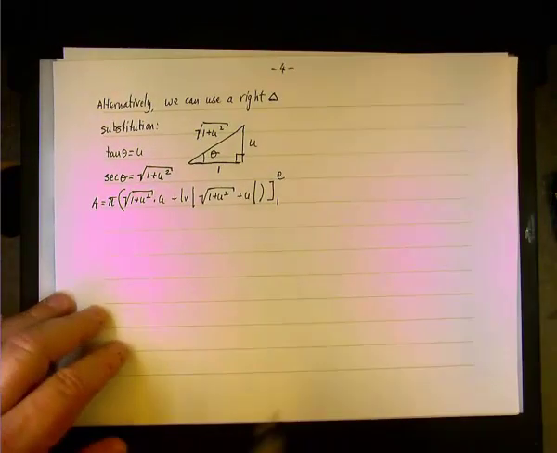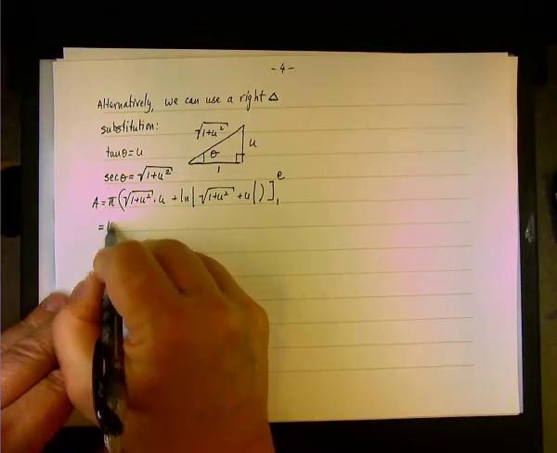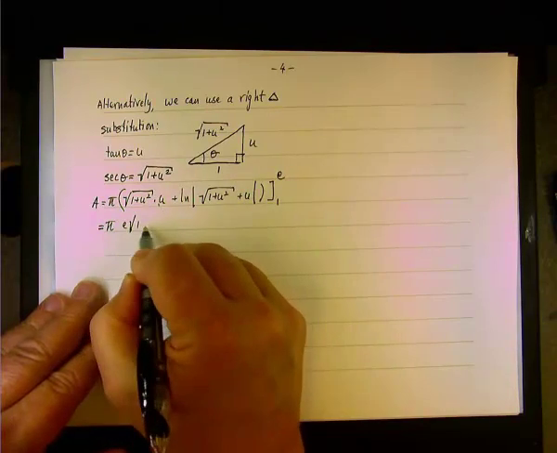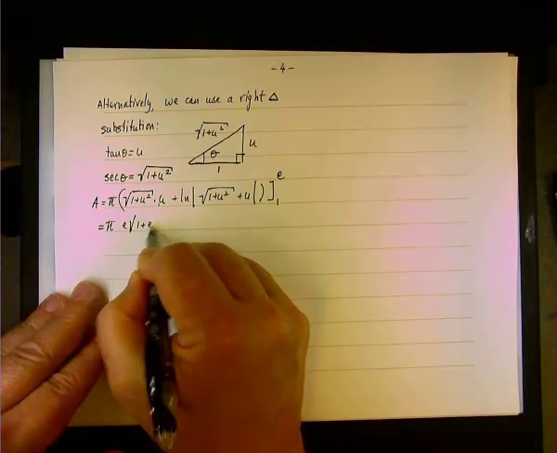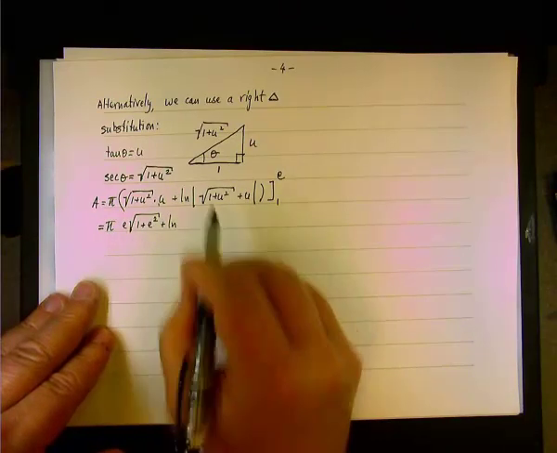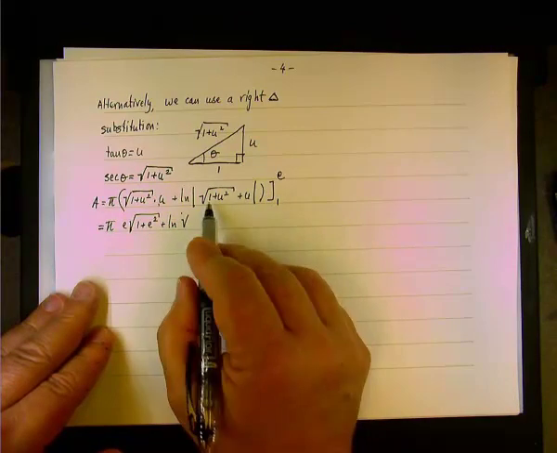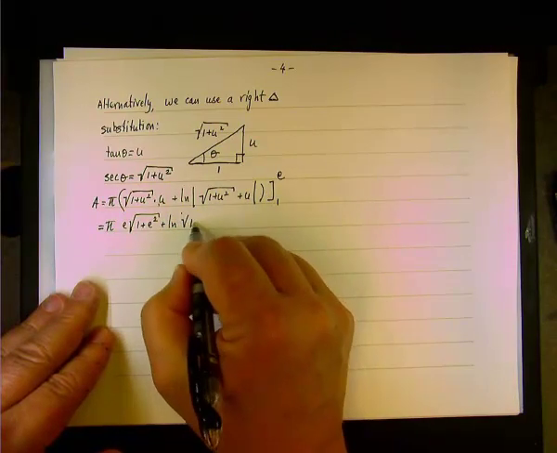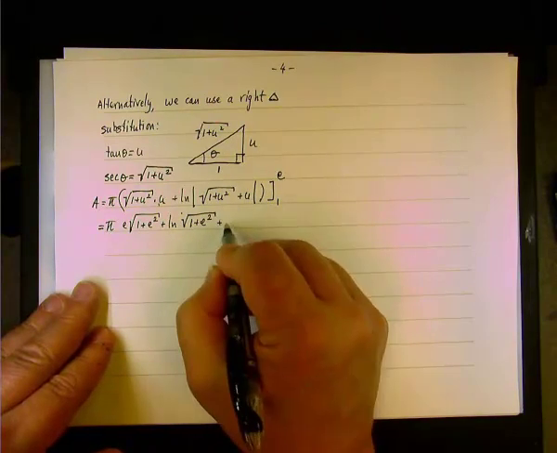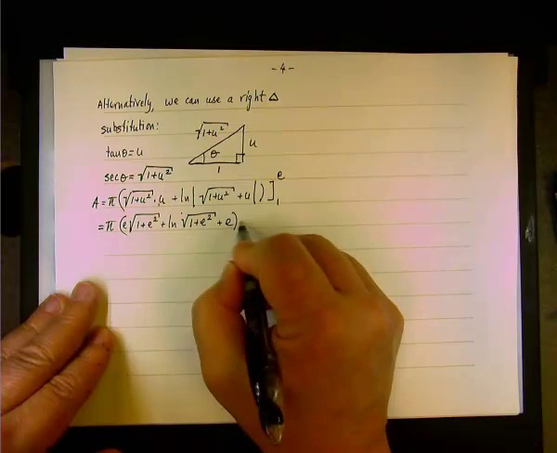We have pretty much one line to complete the answer, and the answer will be, I'm going to bring u up front here if you don't mind. So we have pi, u is e, so it will be e times the square root of 1 plus e squared, right? Plus the natural log of the square root of 1 plus e squared again, plus u is e, like so.